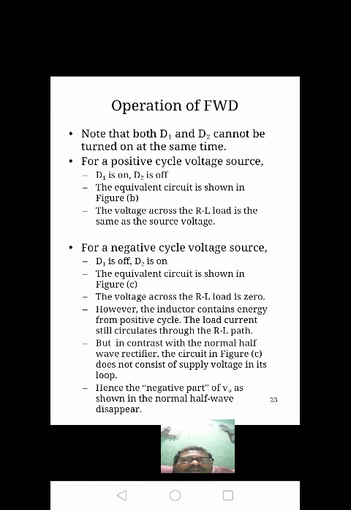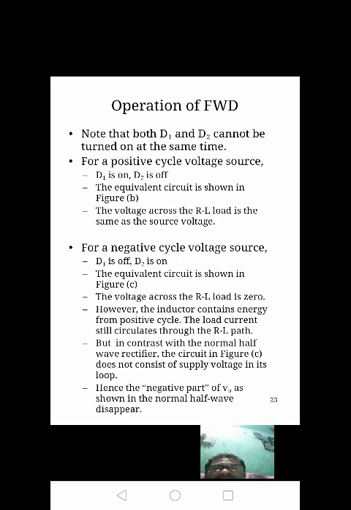The current will flow through the freewheeling diode and then R and L. But in contrast with the normal half wave rectifier, the circuit in the figure does not contain the supply voltage in its loop. Here we are observing the last diagram. There is no voltage. Hence, the negative part of V naught, as shown in the normal half wave, disappears.